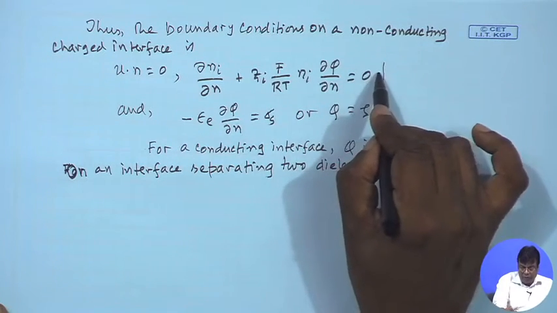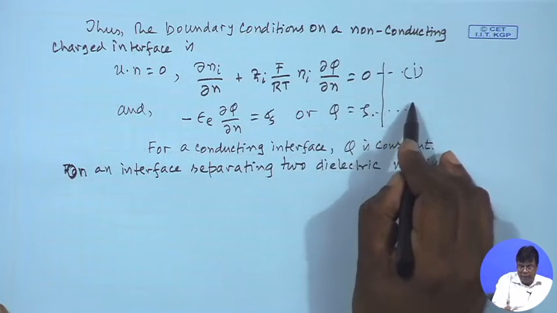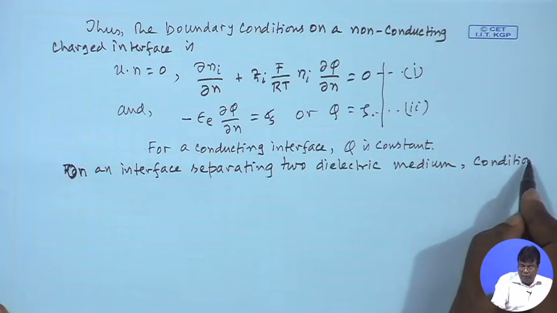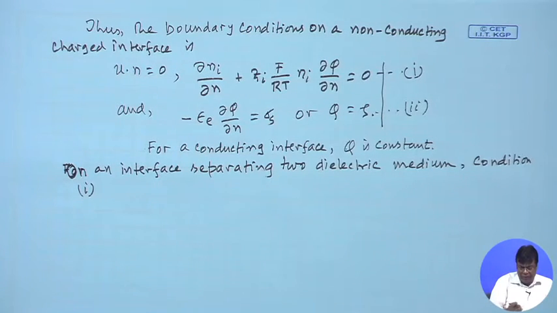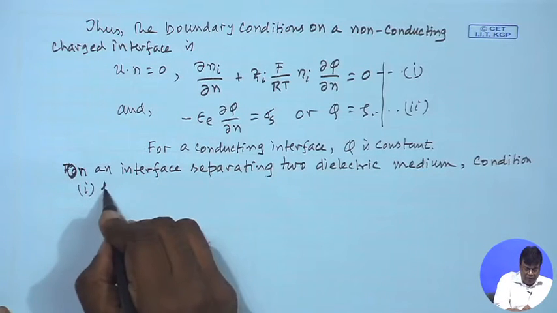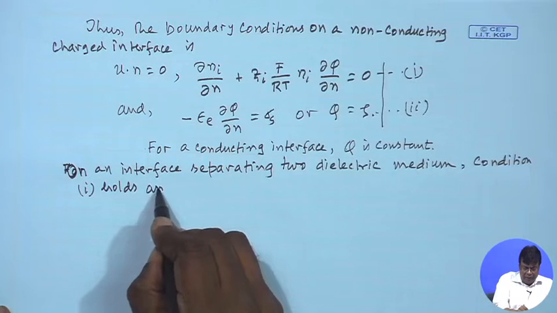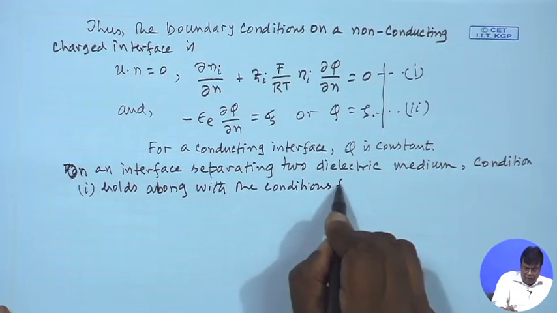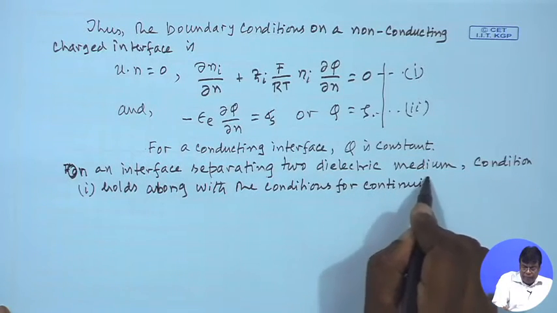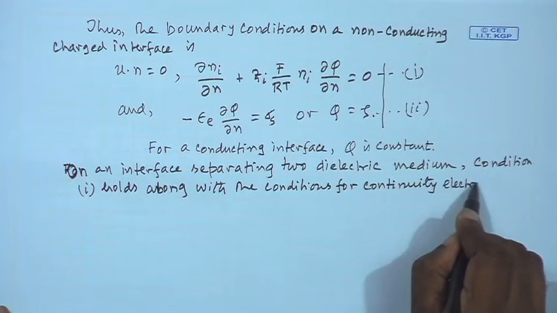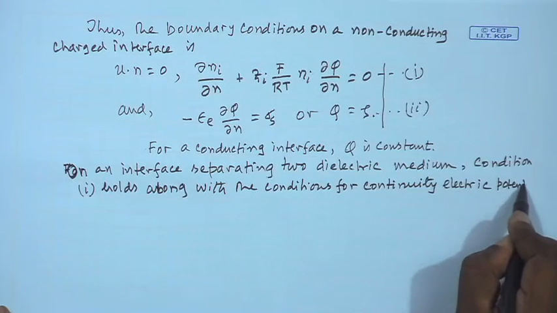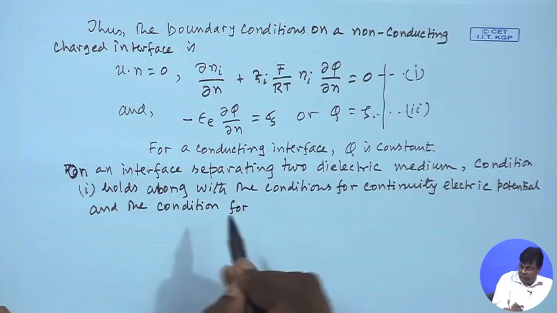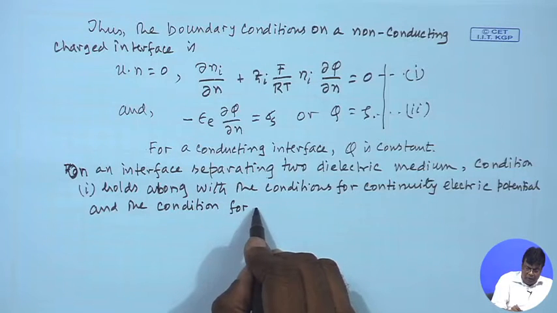this condition is true if it is rigid: condition 1 holds, the one we described for no normal flux and no penetration of ions, along with the conditions for continuity of electric potential and for the dielectric displacement vector, the electric displacement.